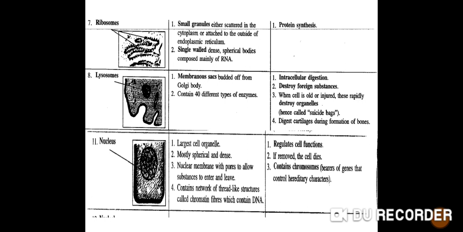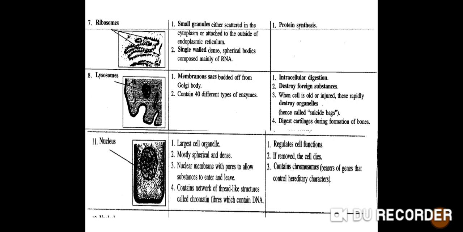So these are very small granules either scattered in the cytoplasm or found attached to the endoplasmic reticulum. They are single walled, dense spherical bodies composed mainly of ribonucleic acid or RNA, and it is the site of protein synthesis.